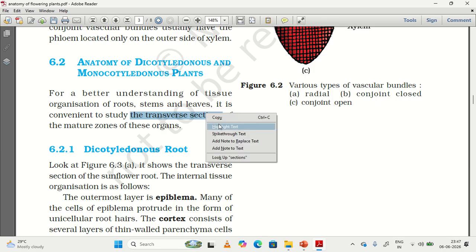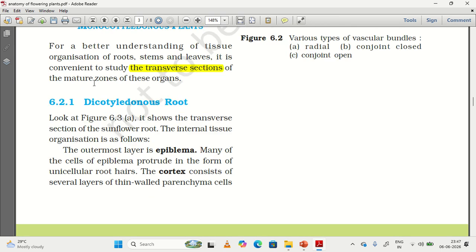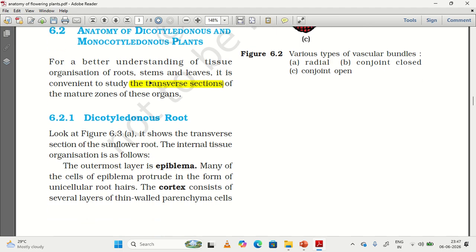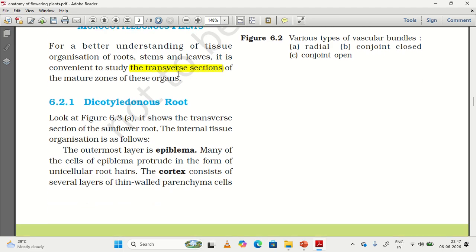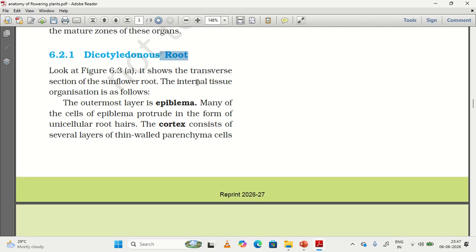If we cut the plant transversely, meaning horizontally, we can find the matured zones of these organs, that is roots, stem and leaves. It will give a much better, clearer picture of the tissues of the plant. So first we'll be talking about the root. In that we have the dicot root, the dicotyledonous root.